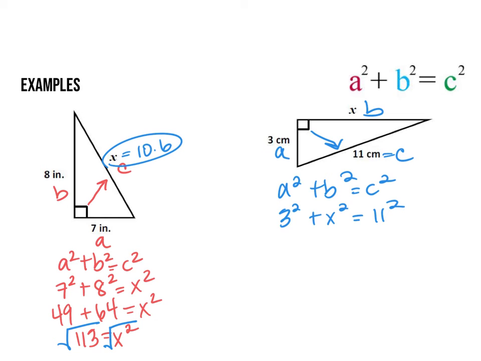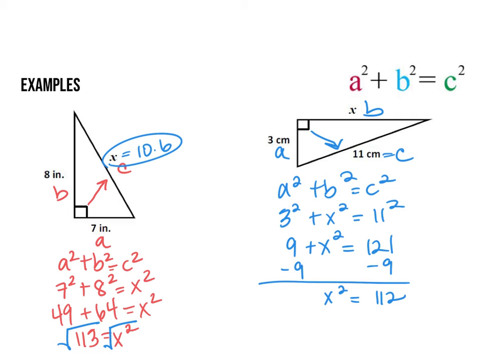Now I need to solve this a little bit differently because I have x on the side with my 3. So 3 squared is 9 plus x squared equals 11 squared, which is 121. Okay, now I'm going to subtract the 9. So I get x squared equals 112.